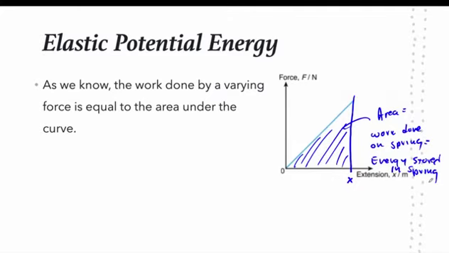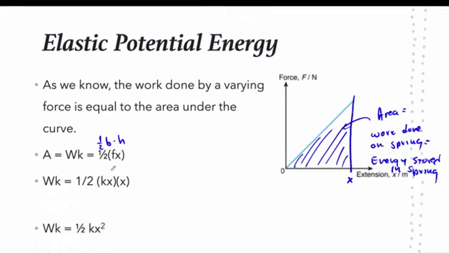So to find the area under this curve, this is a triangle. The area is equal to 1/2 base times height. So this becomes 1/2 base times height. The base is displacement, the height is force, and we know that F is going to be equal to kx.